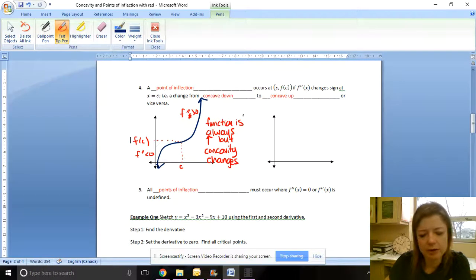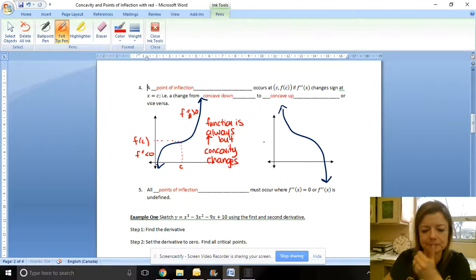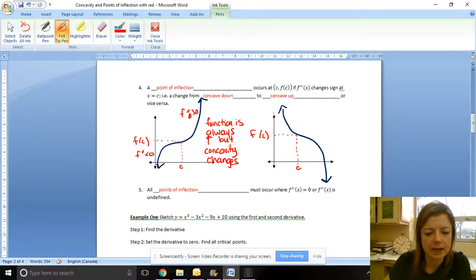We can also show a different relation going the other way, where it changes from concave up to concave down in this case. There's going to be one point exactly where that concavity changes, and the second derivative will allow you to find that. In this section, F double prime is positive, and in this section, F double prime is negative.